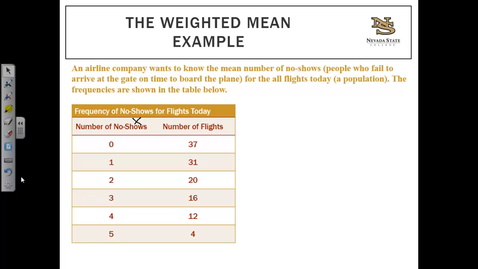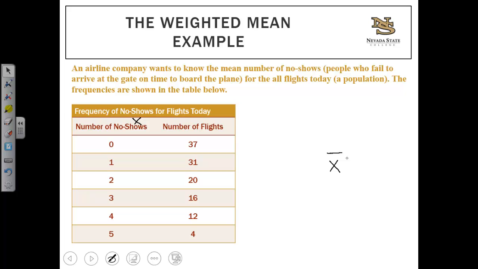Because think about it, if we wrote this data out in raw form, we would write 0 37 times, 1 31 times, 2 20 times, 3 16 times, 4 12 times, and 5 4 times, then we can add all those together and get the sum of x. But it's much simpler to just multiply each value by its respective frequency, add down, and that gives you the sum of x.